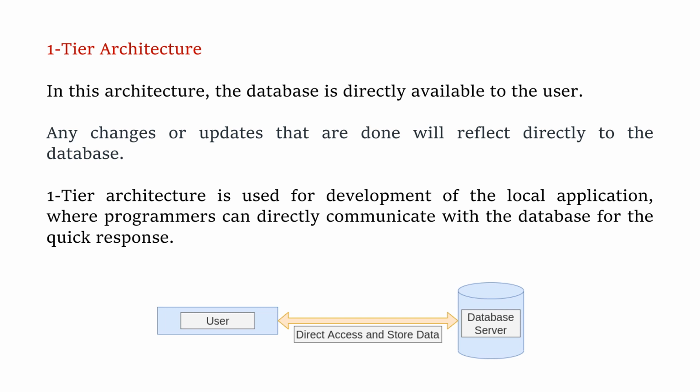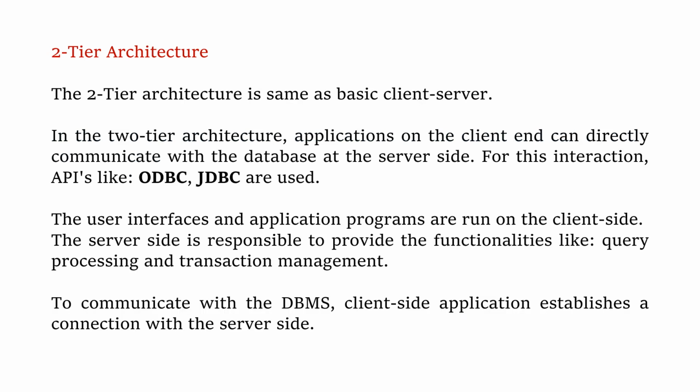And here is the diagram for the one-tier architecture where the user directly accesses the database and he can store the data in the database. This is about the one-tier architecture.